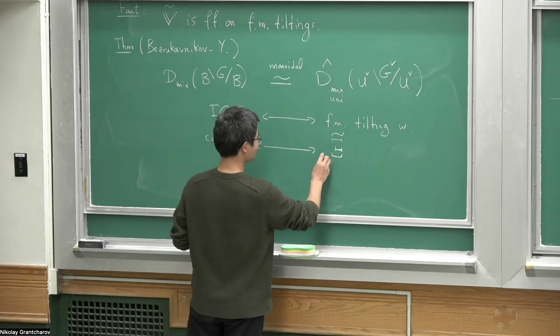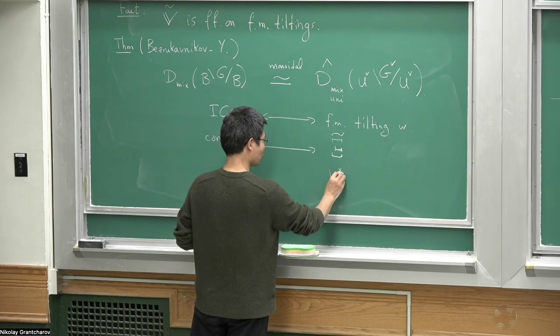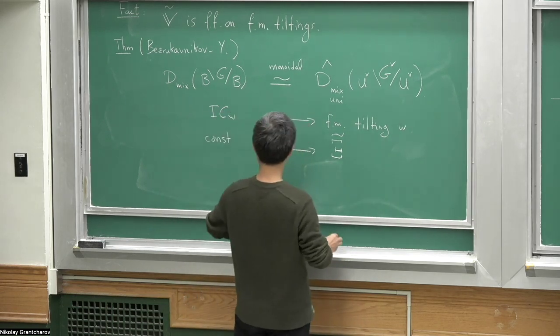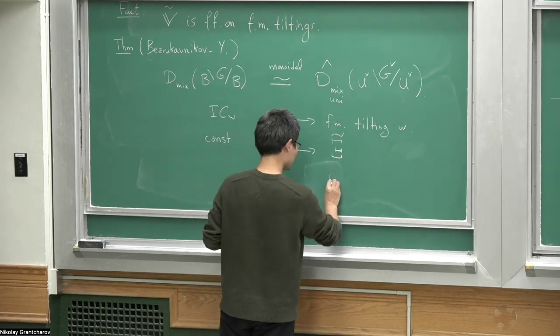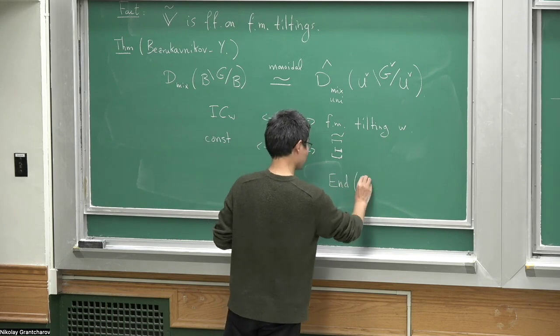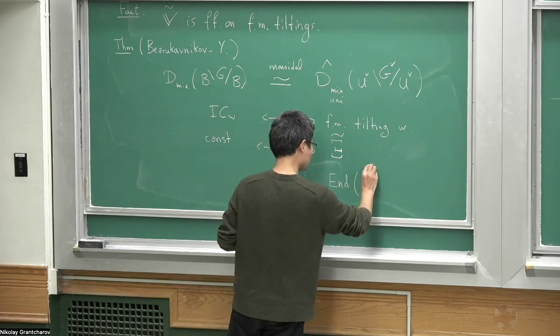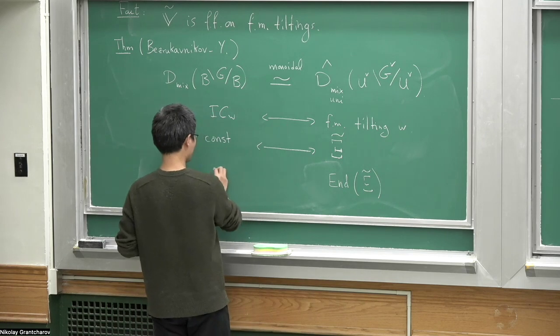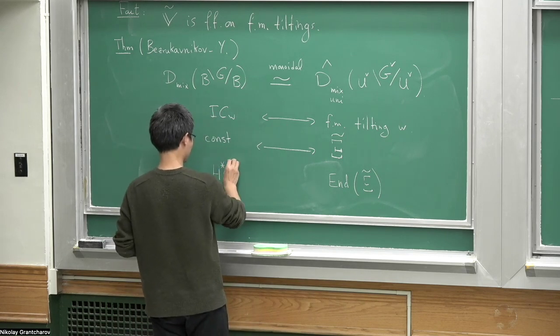So in particular, because this is an equivalence of categories, endomorphisms of this free monodromic big tilting is the same as the equivariant homology ring.